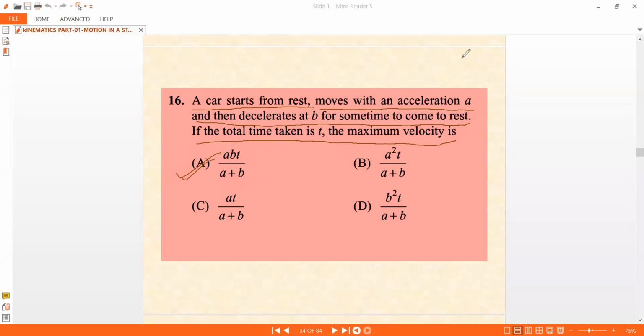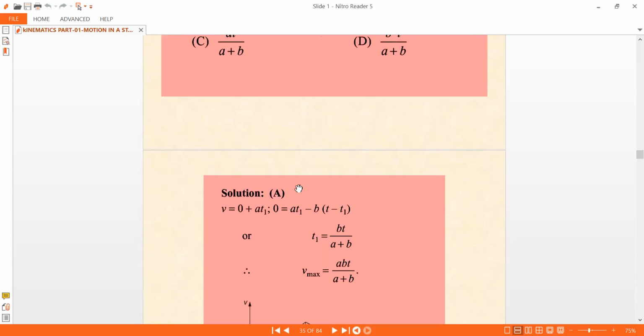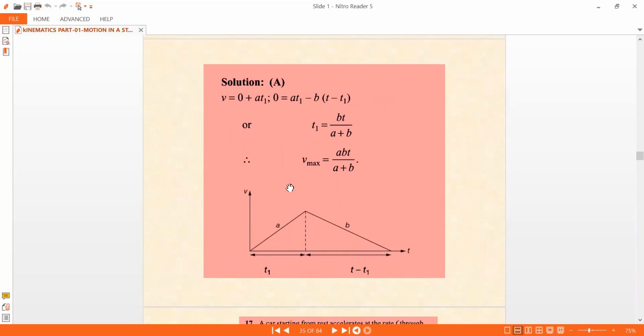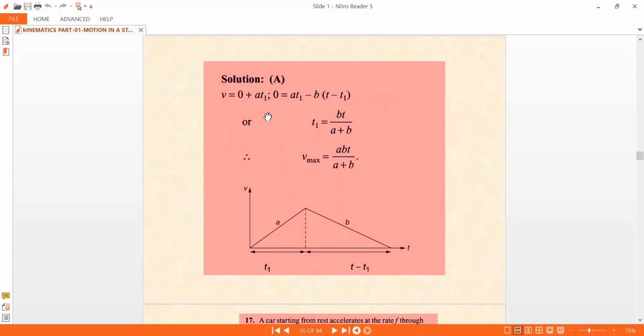The workout I'll show you how it can be done. In the next slide, I'll show you the workout. It's very simple. Initially, assume that to reach this point, the velocity is v. It starts from 0, so you can use the equation v equal to u plus a t1.